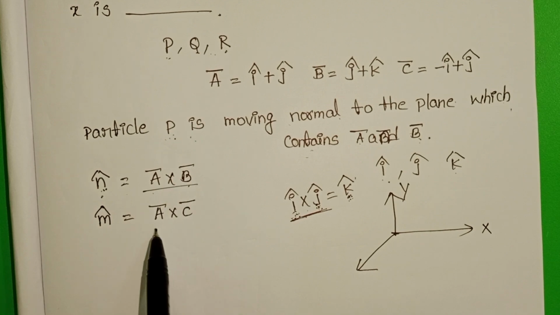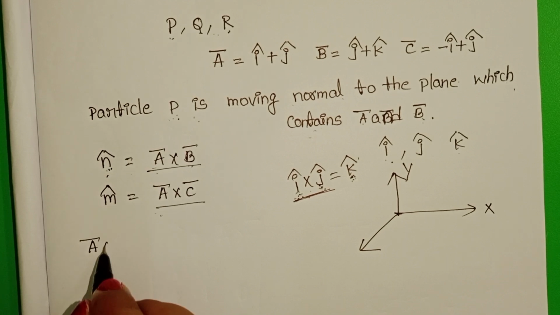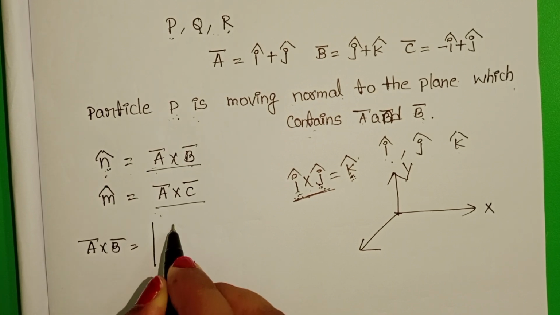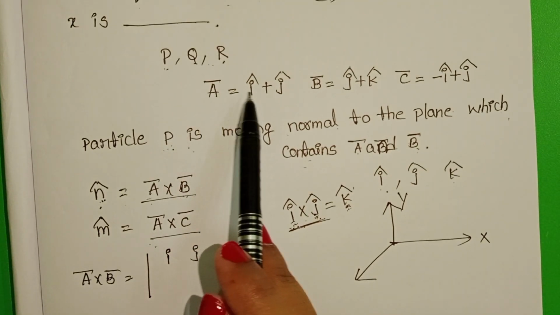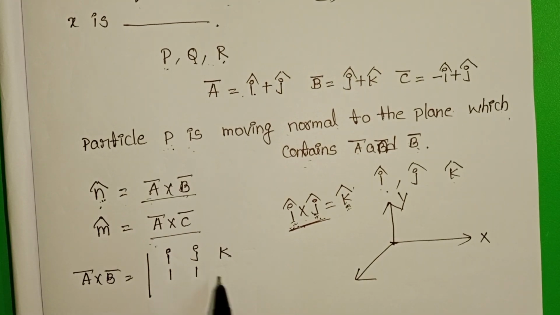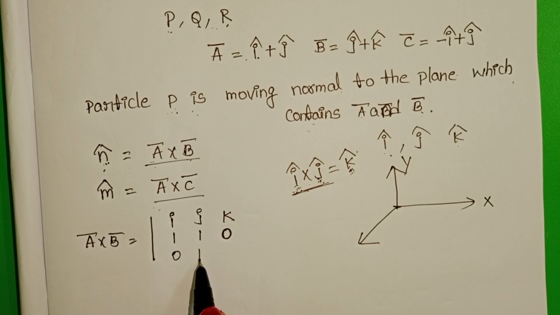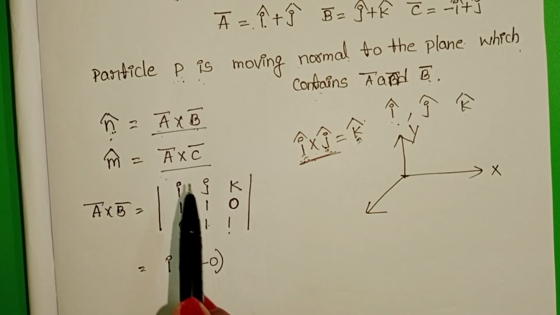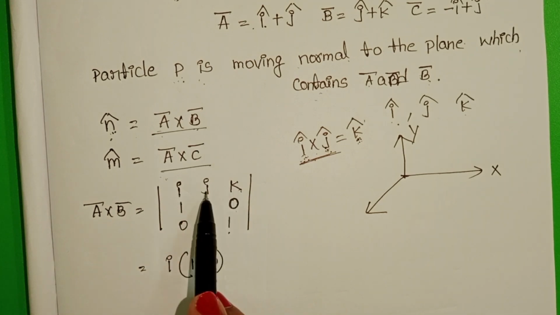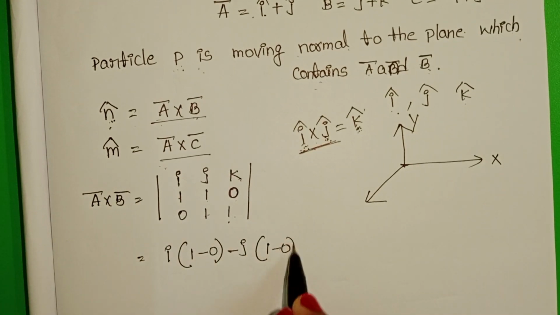First, find the cross products A bar cross B bar and A bar cross C bar. A bar cross B bar is the determinant of i, j, k; the coefficients of A bar are 1, 1, 0, and of B bar are 0, 1, 1. i into 1 into 1, 1, minus 1 into 0, 0. i cap cross k cap equals minus j cap, so take minus j here: 1 into 1, 1 minus 0.